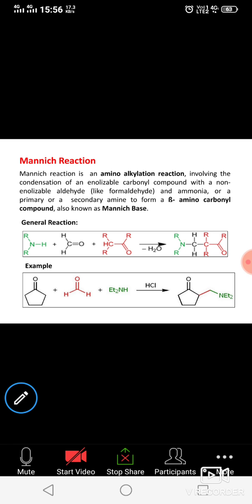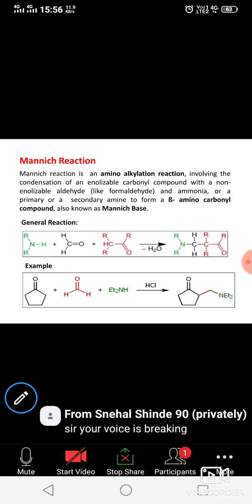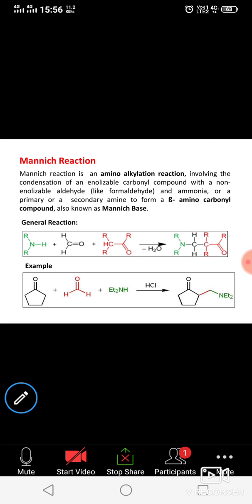All these three compounds will undergo condensation reaction and they will form the beta amino carbonyl compound. That beta amino carbonyl compound is also known as the Mannich base. Okay, so this is the statement for the Mannich reaction.